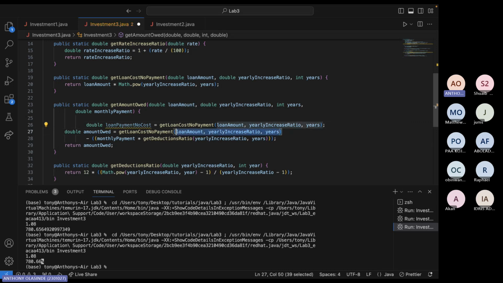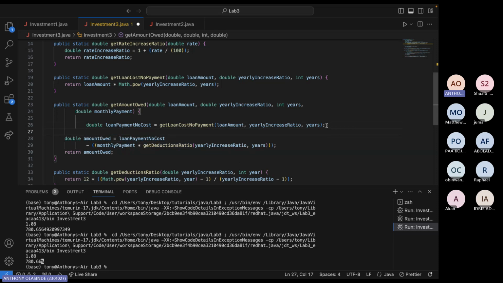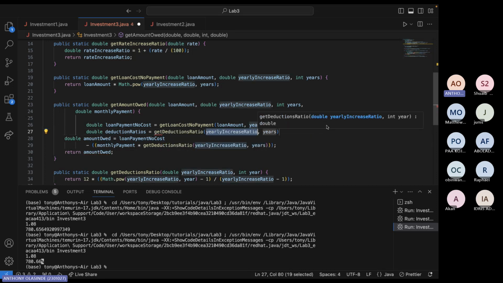So everything here is just loanPaymentNoCost, right? Then we can also say double deductionRatio equals getDeductionRatio, supply yearlyIncreaseRate, supply years. Then let's take it off.